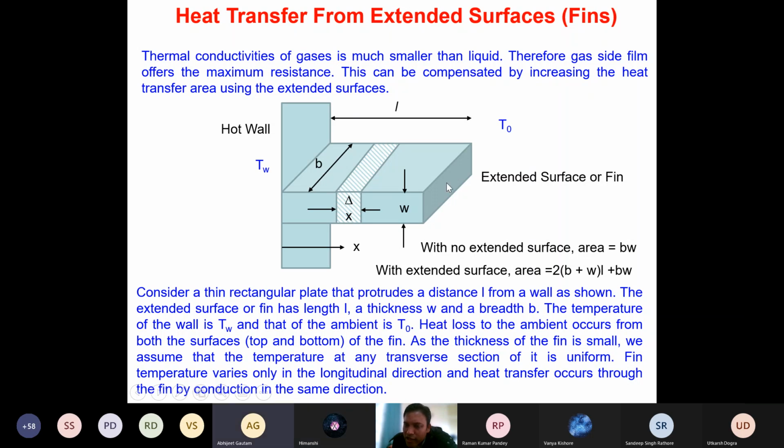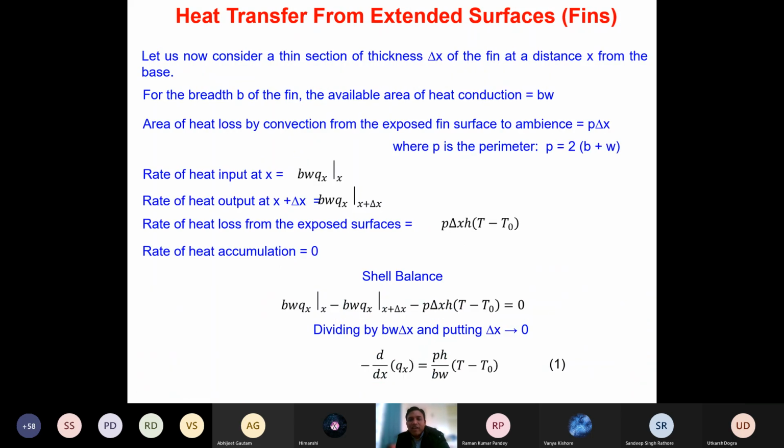So here my boundary condition will be what when x equals L? My heat flux here will be whatever the convective heat flux I am going to have, isn't it? Does it make sense? So I will have minus k dT by dx equal to h delta T at this end. Do you all agree? So that is nothing but the convective boundary condition. Do you all agree? Yes, sir. So that is what we have written.